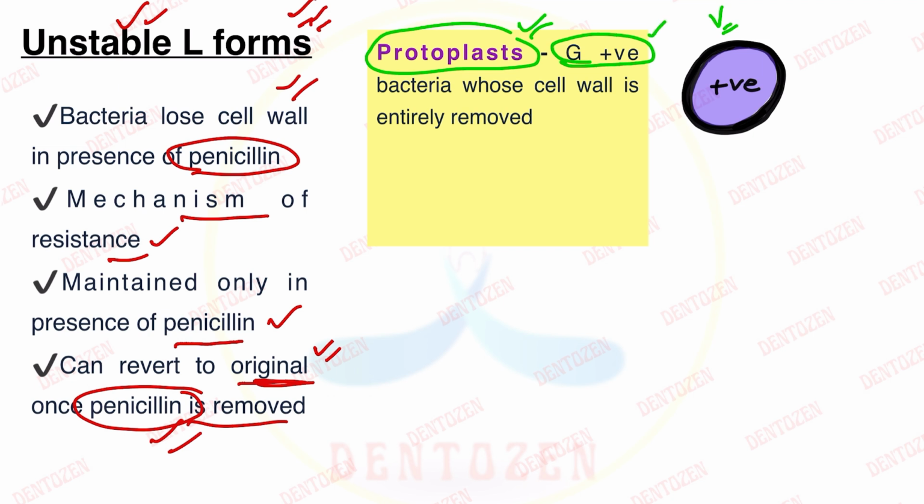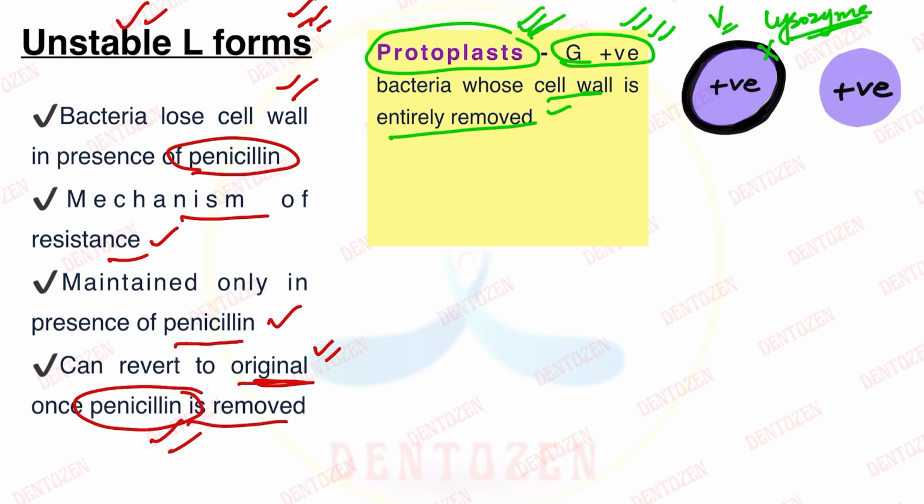When they are placed in a hypertonic solution containing an enzyme like lysozyme, lysozyme can break down their cell wall and there is complete removal of their cell wall. This form is called protoplast. So protoplast is gram-positive bacteria in the presence of lysozyme. They lose their cell wall completely and is called protoplast. So this protoplast just contains the plasma membrane and the protoplasm.